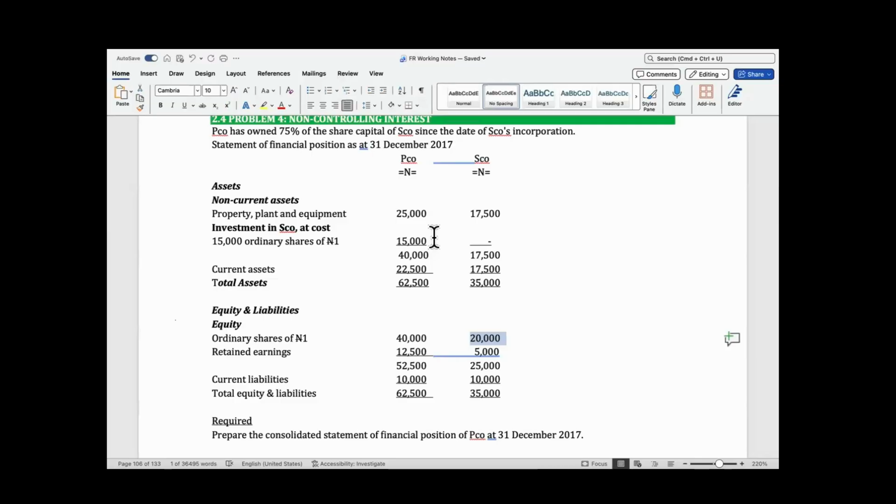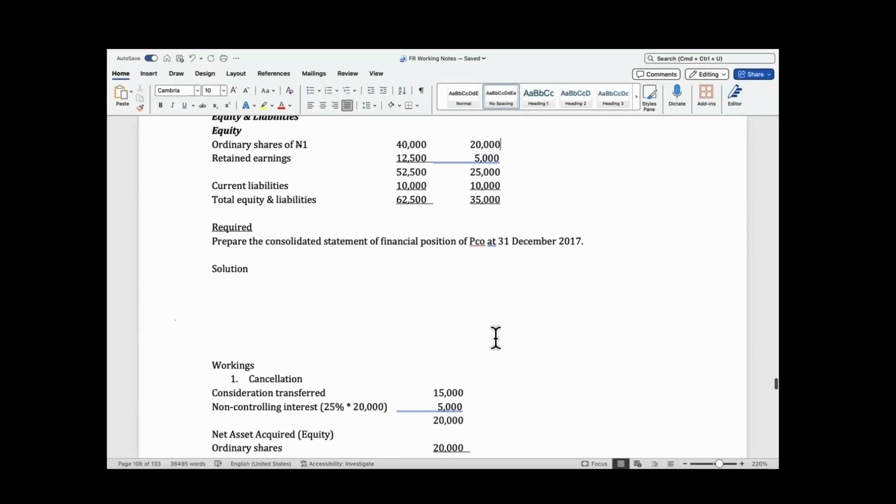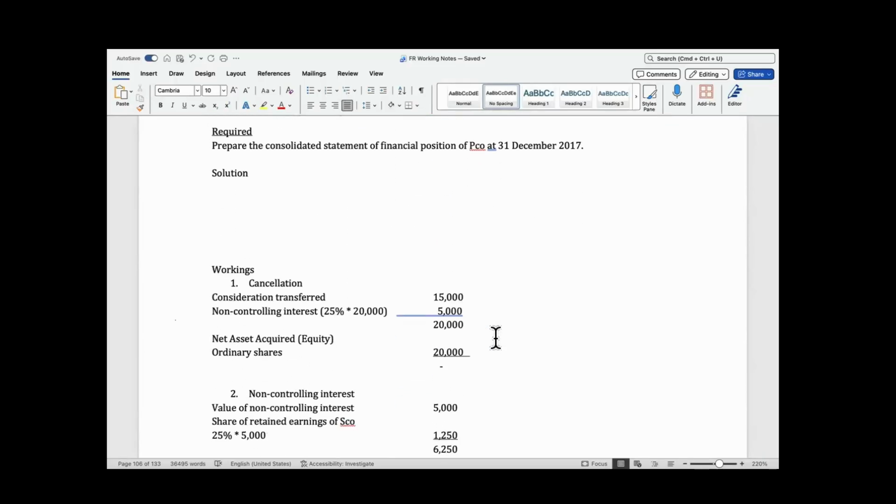So of course, you can see a question that will test your knowledge about how the parent can measure NCI. The common way is proportionate share, which is what we have done here, just to get it as the balance after taking out what we cancel out, or you can decide to fair value it. We are going to look at that other scenario, and those are the only two things we would cancel out here.